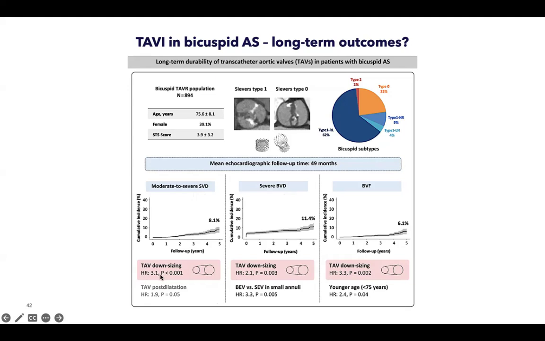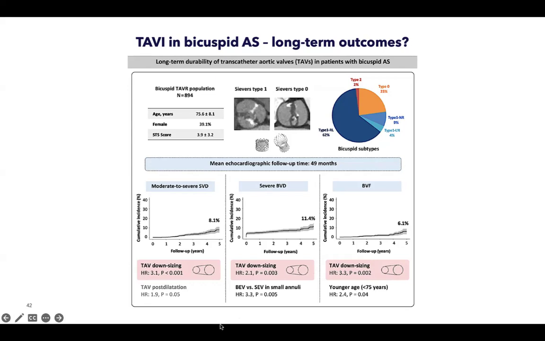The structural valve deterioration rate is multiplied by 3, and the bioprosthetic valve dysfunction also multiplies by a factor of 2 up to 5 years. So that's a little concerning. It seems that if we do systematic downsizing of our TAVR prostheses, we may have less good durability. So a lot has to be learned there.